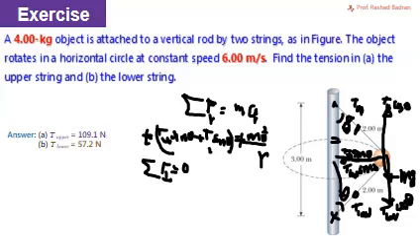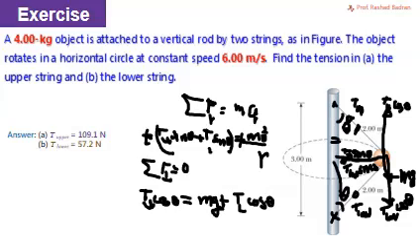As we said here, T up cosine theta equals the two lower forces, or downward forces, mg plus T low cosine theta.